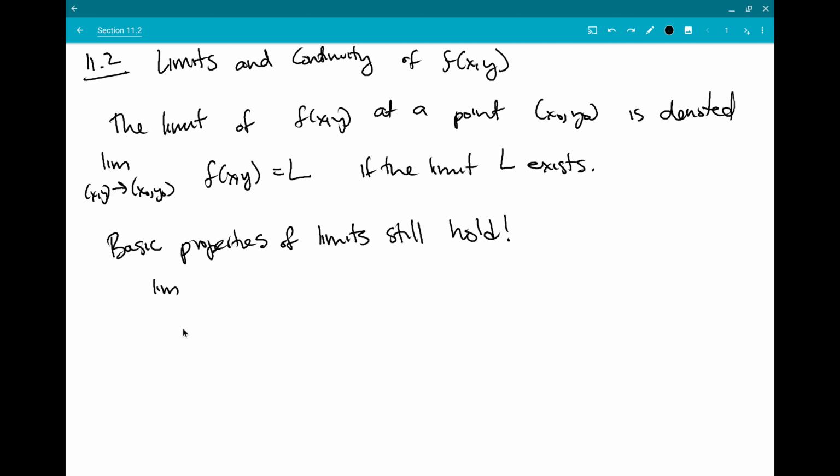So there's the scalar multiple rule: if you are going to multiply your f of x, y by some number, lambda, then it's going to just pull out of the limit like that. Same way you're used to.